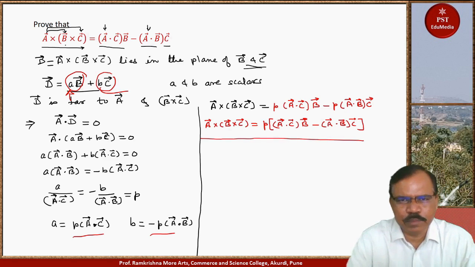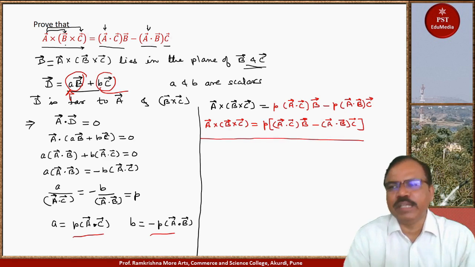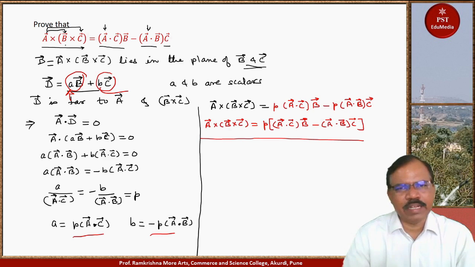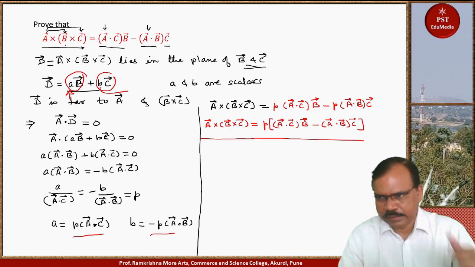To find the value of P, we will take basic vectors, and those are unit vectors, because when vectors satisfy certain conditions, unit vectors will also satisfy those conditions.